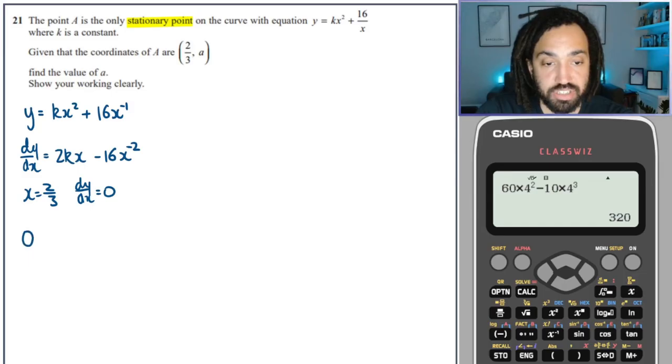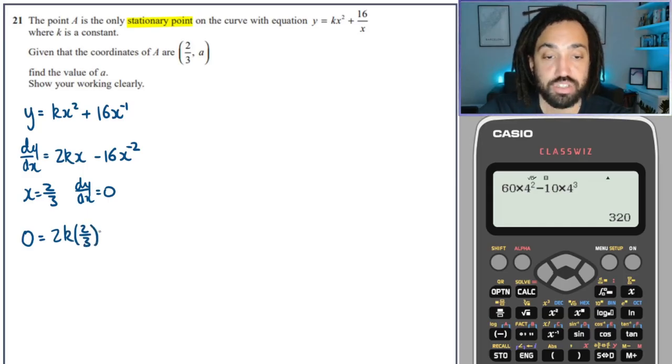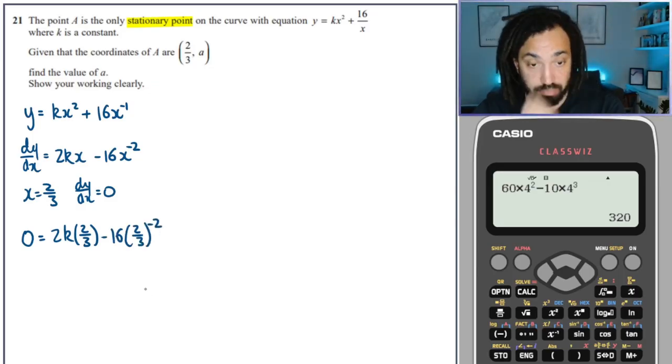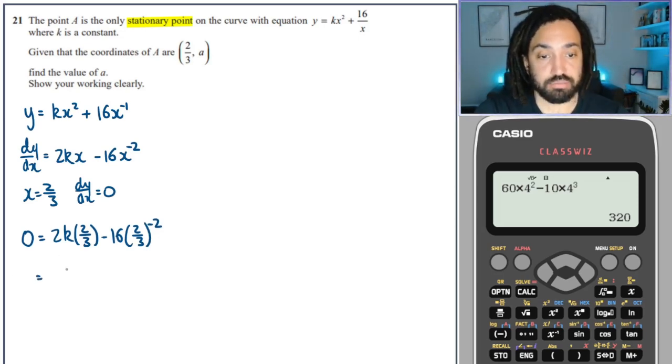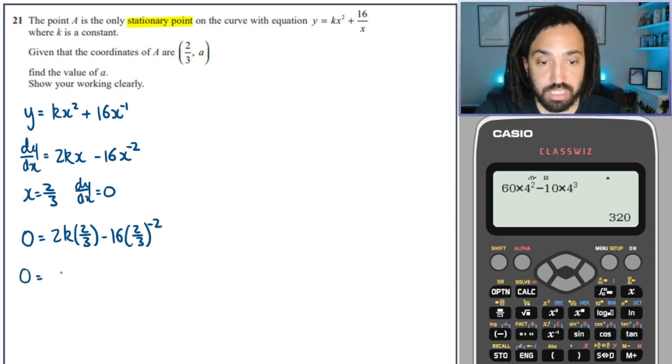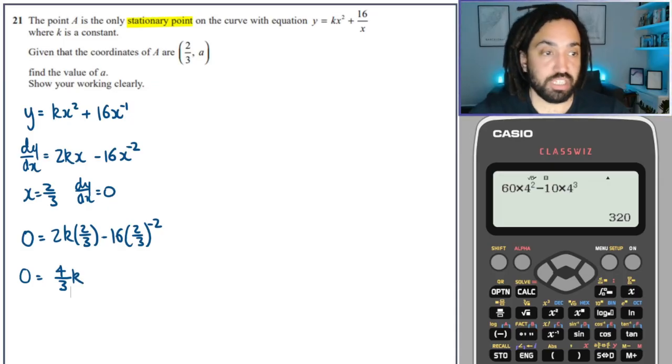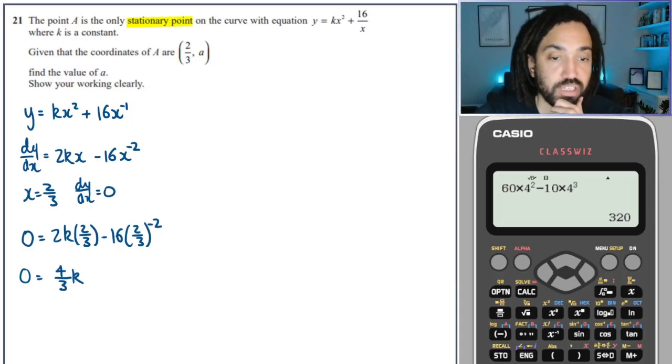So I can say that 0 for dy by dx is equal to 2k when x is 2 over 3, minus 16 times 2 over 3 to the minus 2. Great, so this gives me 0, and it gives me 4 over 3k. And then what is this? This looks horrendous, but we can solve that by going into our calculator.